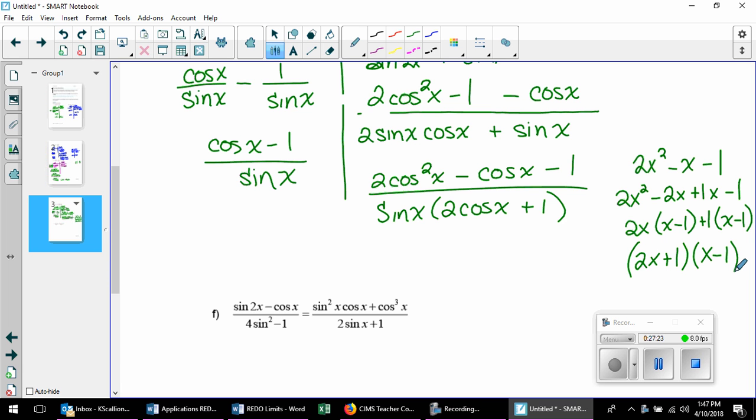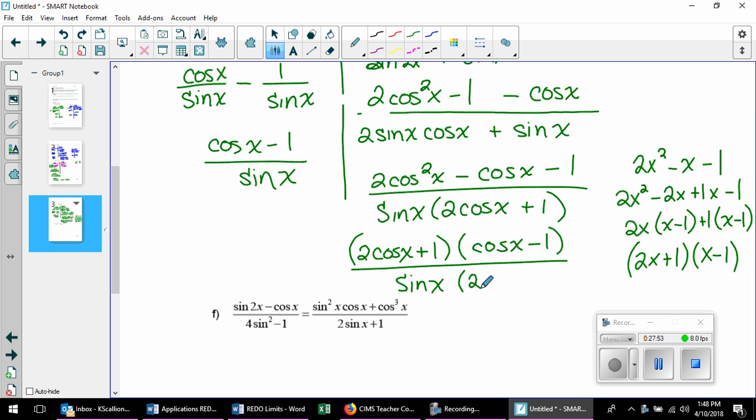This work I wouldn't show anywhere on my identity proof. I would do this on a scrap piece of paper. But really what I'm looking at here is 2 cos x plus 1 times cos x minus 1 all over sine x times 2 cos x plus 1.